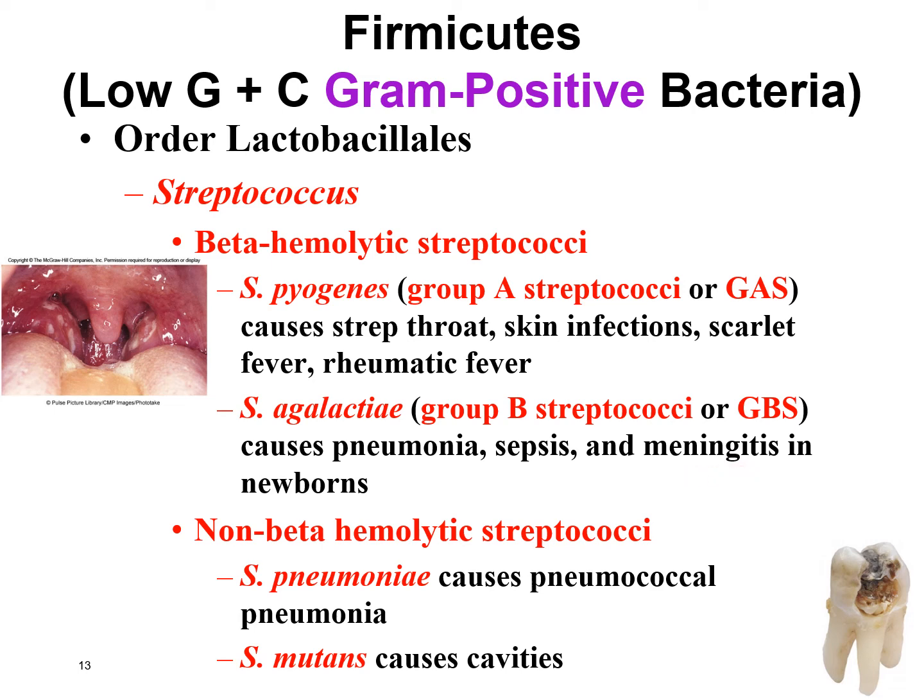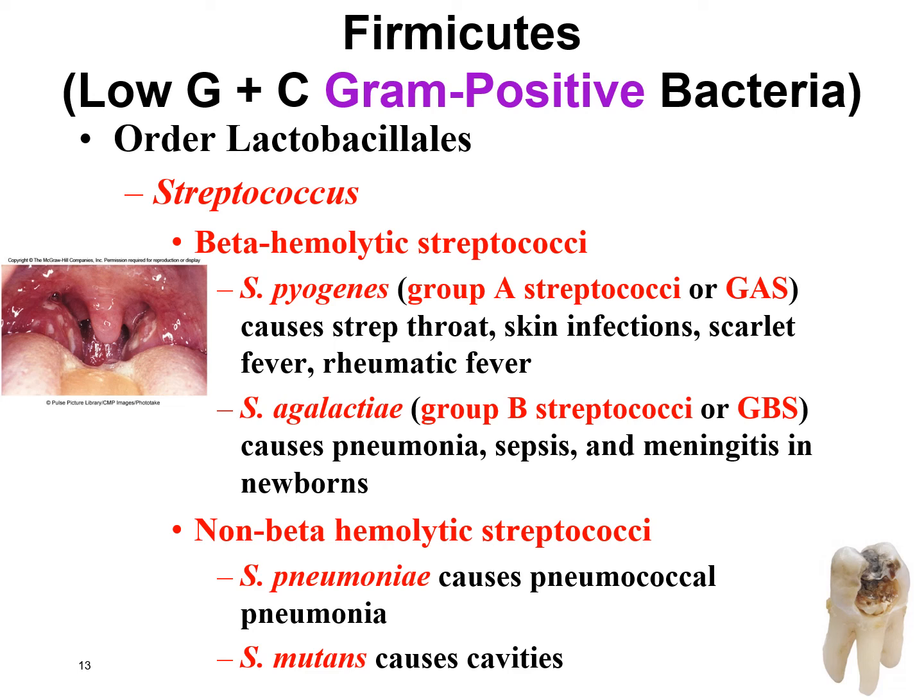And then just some examples of non-beta hemolytic strep. You don't need to memorize that they're non-beta hemolytic strep, just don't worry about that. But we have Streptococcus pneumoniae, and that one's easy to remember. It's a cause of pneumococcal pneumonia. We worry about that in kids and older people, and there is a pneumococcal pneumonia vaccine to protect people against that.